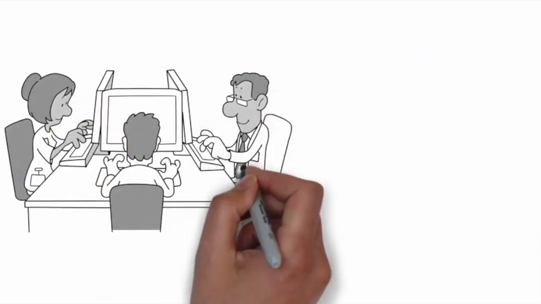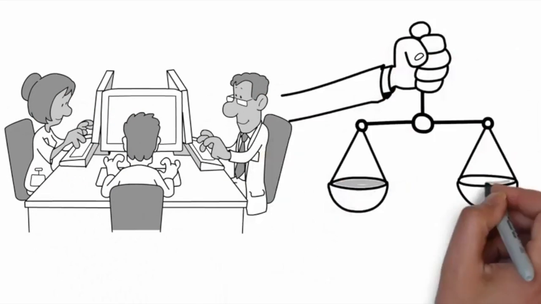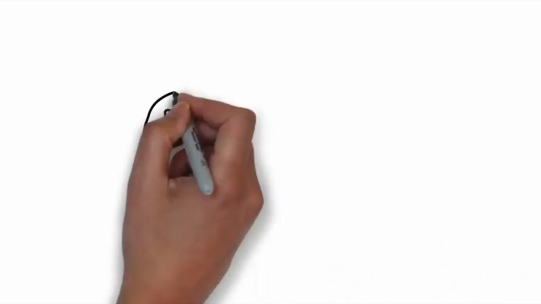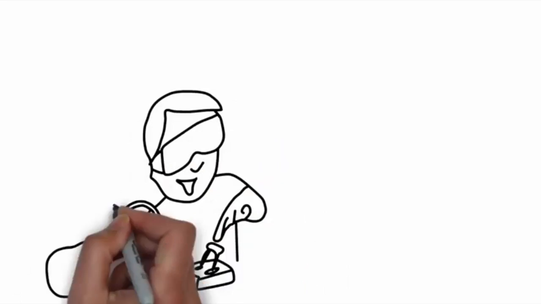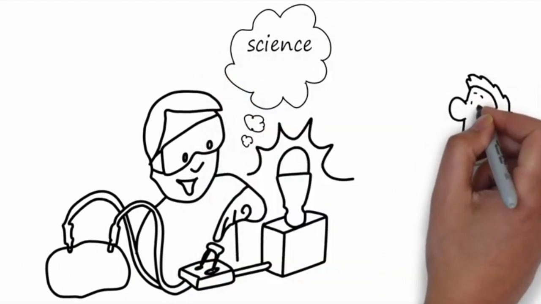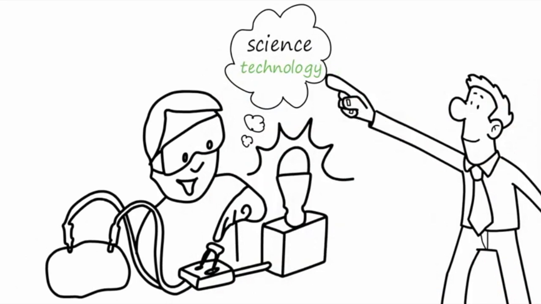Research suggests that implementation has to balance learning in the individual STEM subjects with more connected ways of learning. In addition, because it can be hard for students to make these connections themselves, teachers should transform to facilitators and need to make the connections explicit.